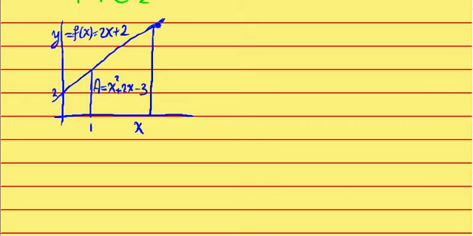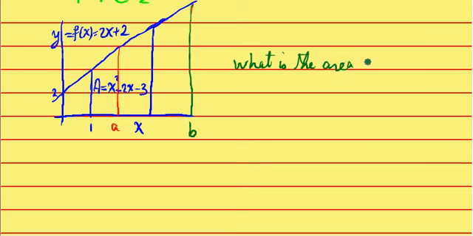Now suppose I consider some point, say A, and some other point, let's color it differently, let's say B. Let's ask the following question: what is the area under that same function 2x plus 2 over the interval from A to B?